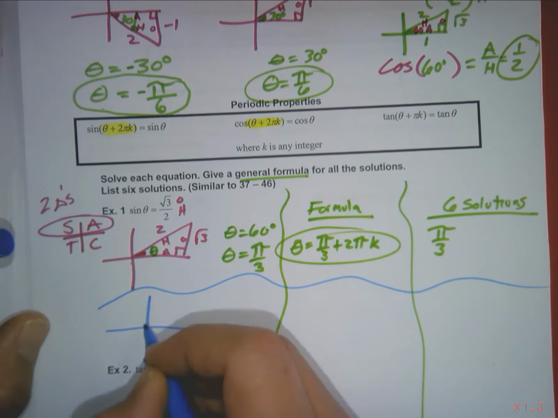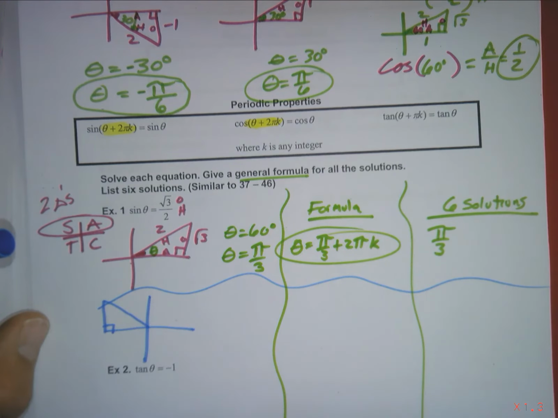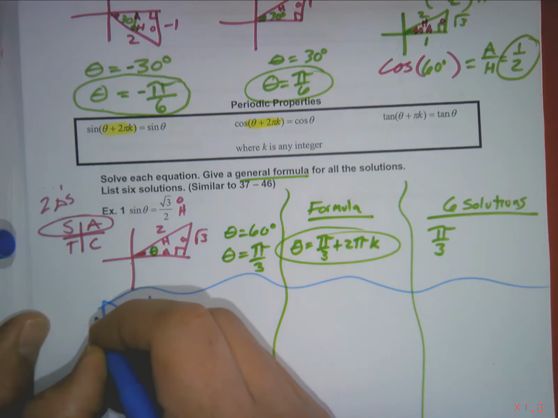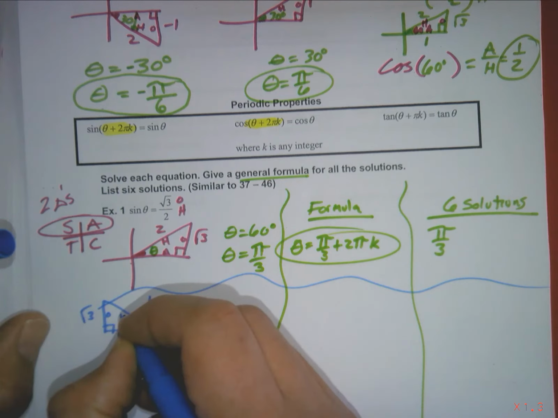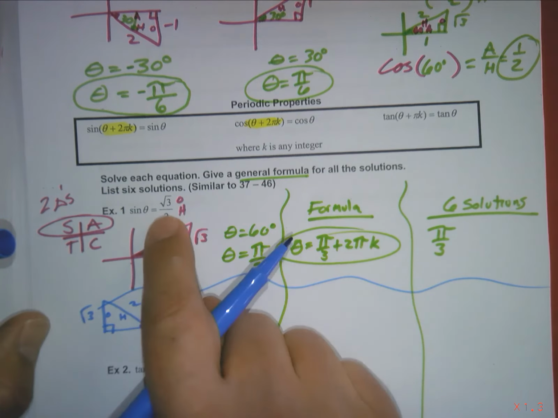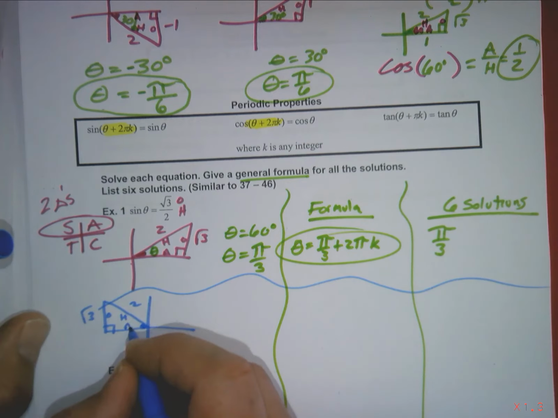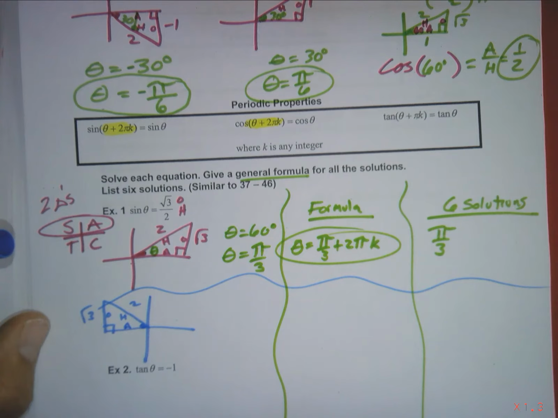So I'm going to draw that same triangle now in quadrant 2. We're going to use that reference angle, where root 3 is the opposite and the hypotenuse we know is 2 from our root 3 over 2. I don't really care about the adjacent leg. I just want to know what that angle is.